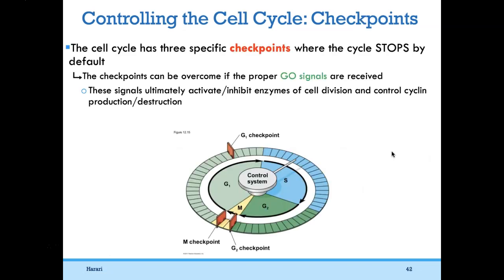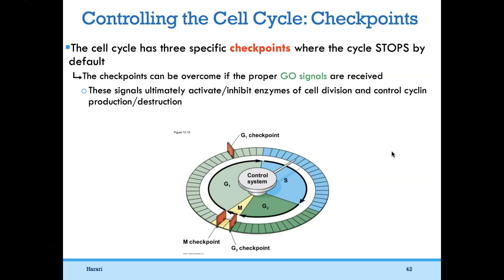So this is very important. The cell cycle has 3 specific checkpoints where the cell cycle stops by default. These checkpoints can be overcome only if the proper go signals are received. And what these go signals and stop signals are basically doing is either activating or inhibiting enzymes of cell division, or they're trying to increase cyclin production or destroy cyclins.